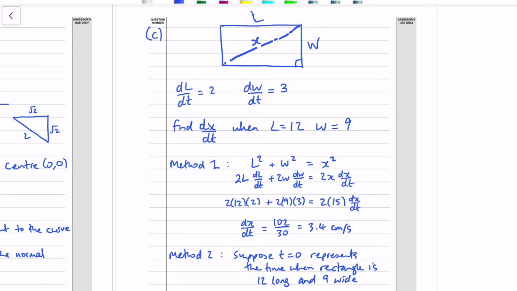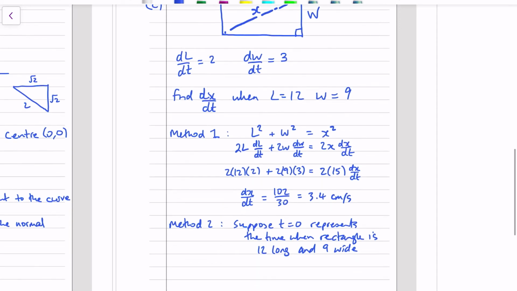So we'll just call this time equals 0. Now, the width is increasing at 3, so that would mean that the width is equal to 3t plus 9. Because at time equals 0, the y-intercept of the width equation would be 9, and it's growing at the rate of 3. And then the length is equal to 12 at this point, and it's increasing at 2 centimeters per second, so 2t plus 12.